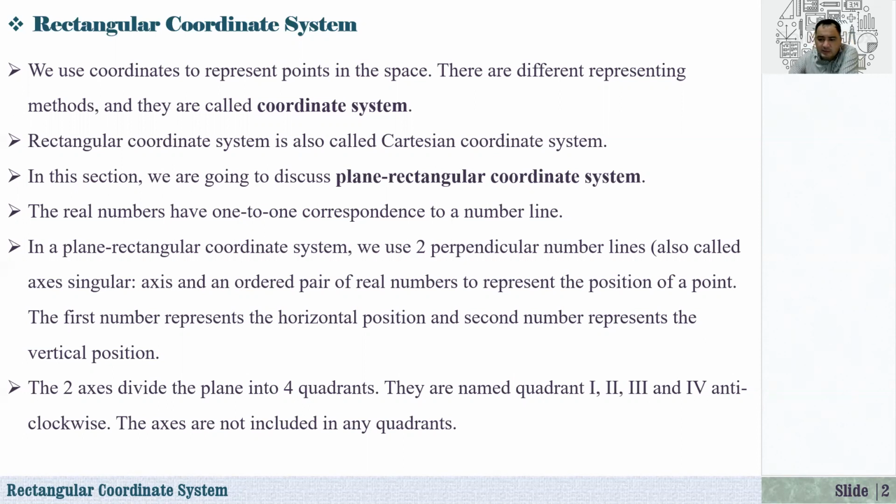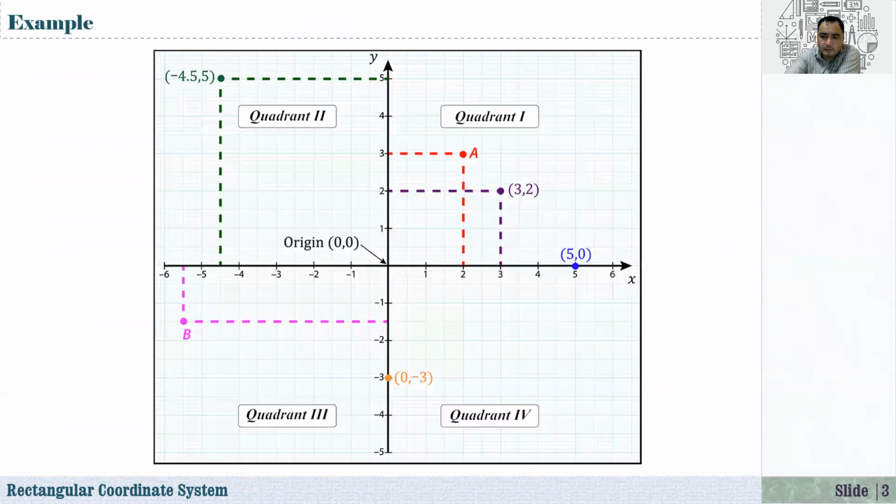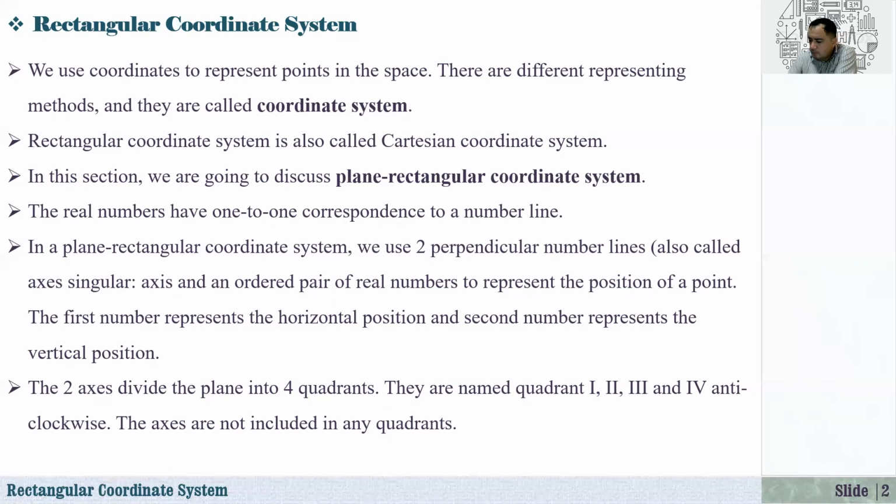Okay, simply we are saying that here, since our coordinate system is... Why is that writing? All right.